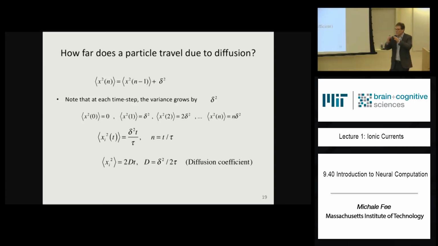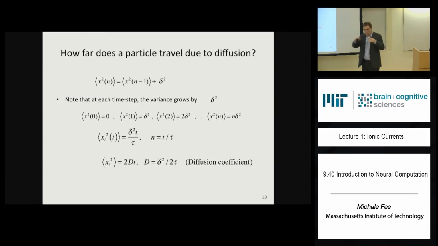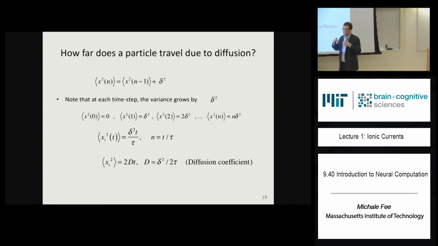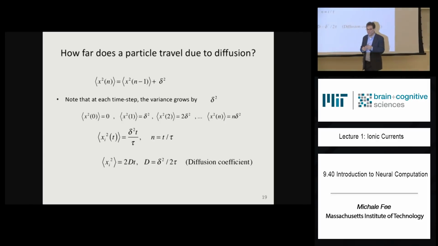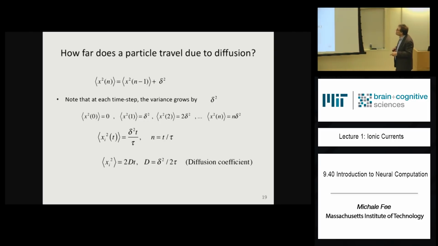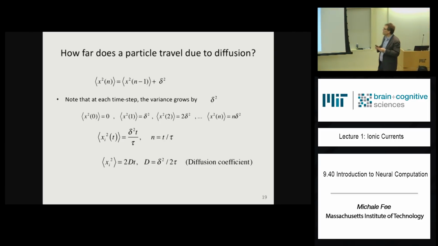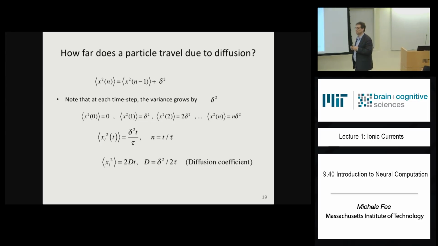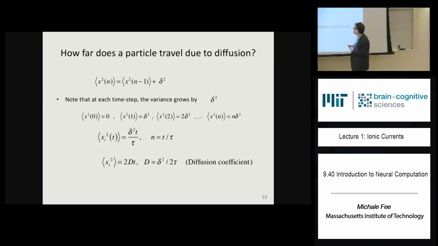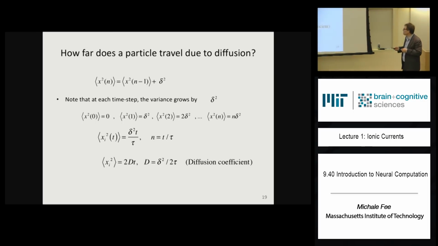And variance for something that's a distribution of position has to have position squared. Yes? Why do we put the 2 like that? Okay, it's just that it's built into the definition of the diffusion constant.